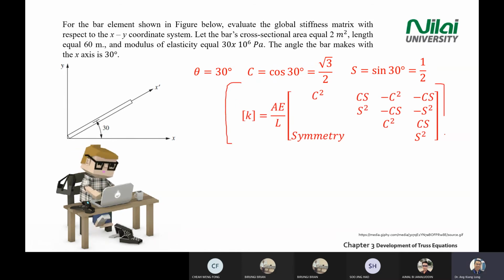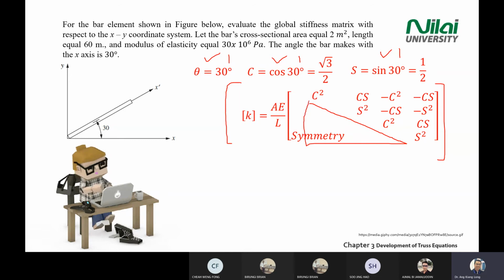This is standard already. So how I mark this one: you calculate cos, I give you 1 mark. You calculate sine, I give you 1 mark. You write this general equation, and of course you need to fill this side, I give you 1 to 2 marks for this general equation. In the test, I'm not expecting you to write the symmetry.